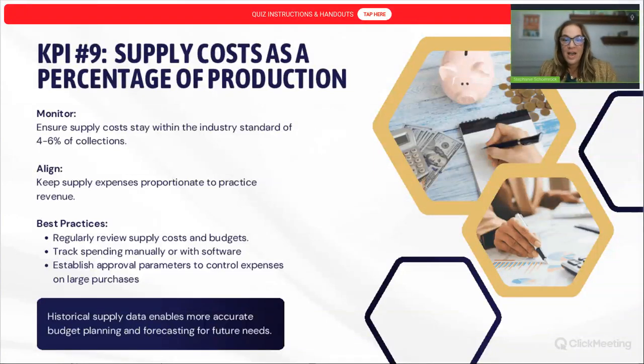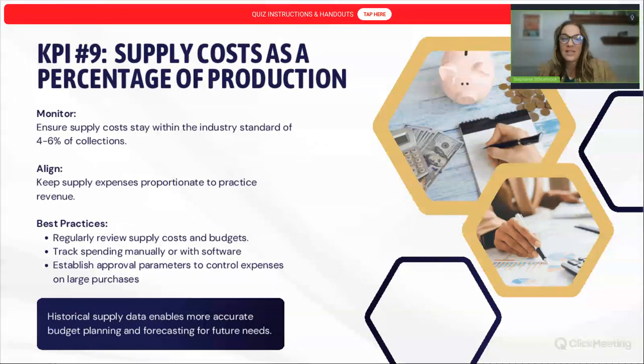My favorite KPI to track over time, I think, is a wonderful window to the health of your practice. It ensures that supply costs stay within an industry standard of 4 to 6% of production or adjusted production collections. Whichever metric you choose, just pick one and stay consistent, so you're measuring the same thing over time.